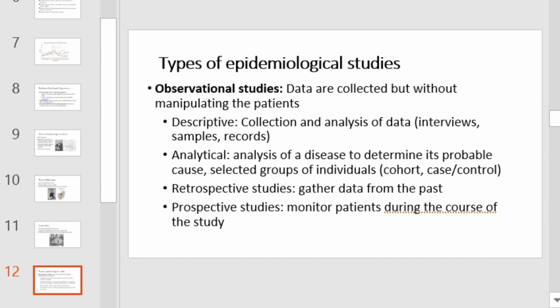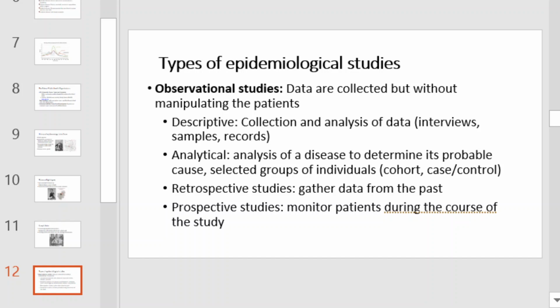There are a few different types of epidemiological studies that you should be familiar with. First, we have observational studies. In an observational study, data are collected but without manipulating patients. The data can be descriptive, analytical, a retrospective study, or a prospective study.